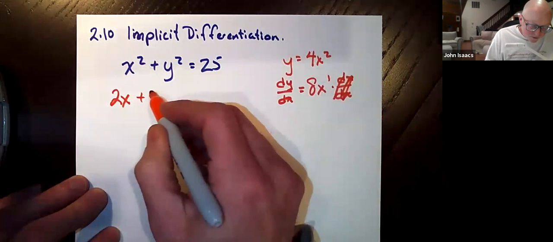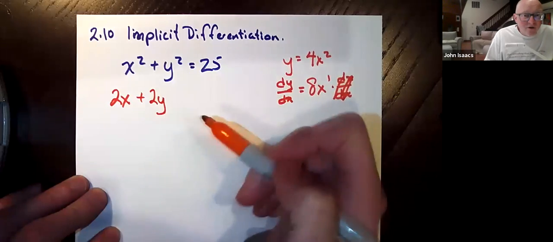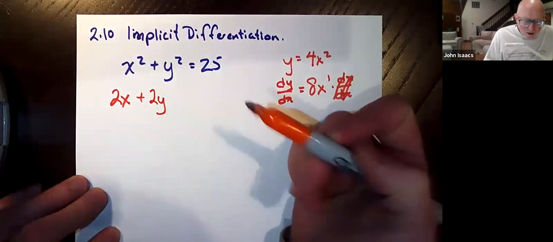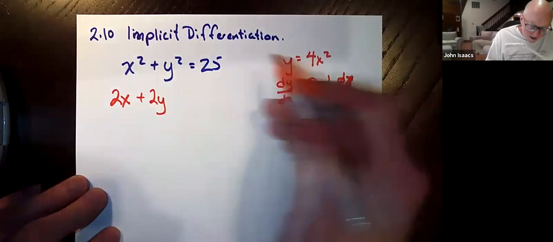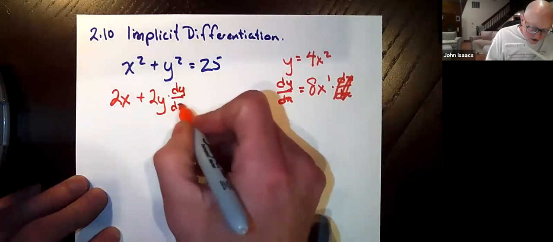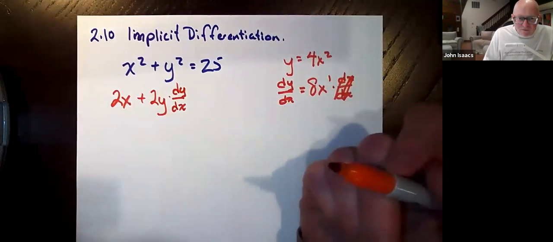Except we have to follow the chain rule because y is not the variable that we're taking the derivative with respect to. So the derivative of y, well, we said the derivative of y was dy dx. The derivative of y is dy dx, the change in y as x is changing. So this is the chain rule, and that's what creates our implicit differentiation.